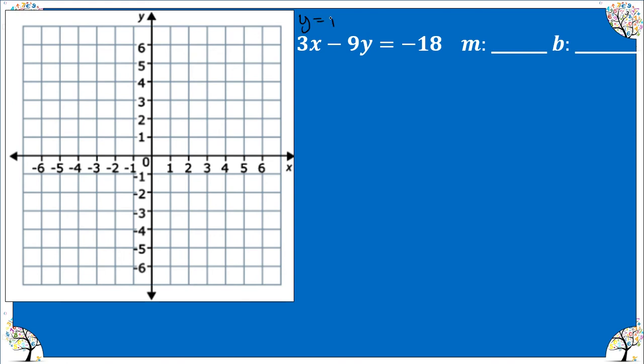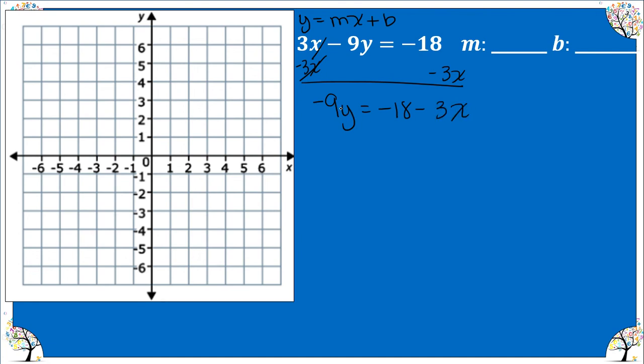Again, we need to isolate the y, so it's y equals mx plus b, so we can easily identify the slope and the y-intercept. So this time we have a positive 3x, and we need to remove that from the left side, so we're going to subtract 3x. And we're going to bring down -9 times y, and it equals -18 minus 3x.